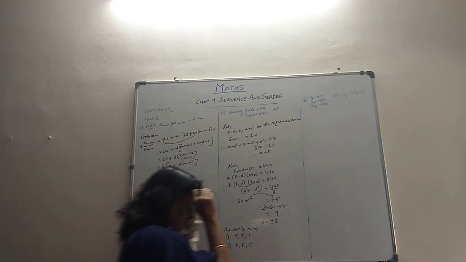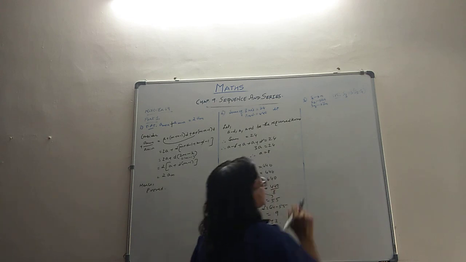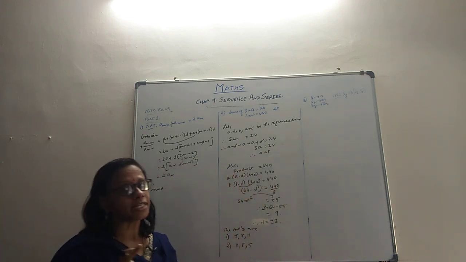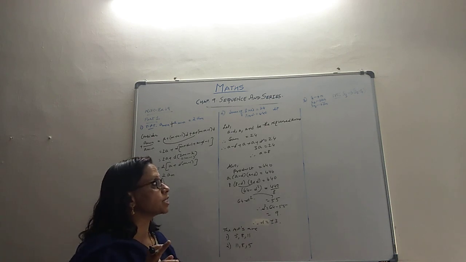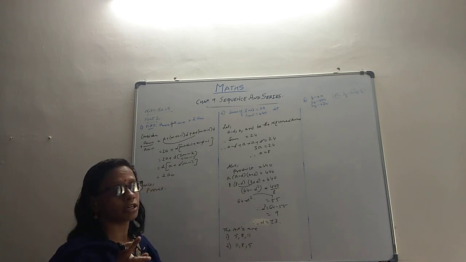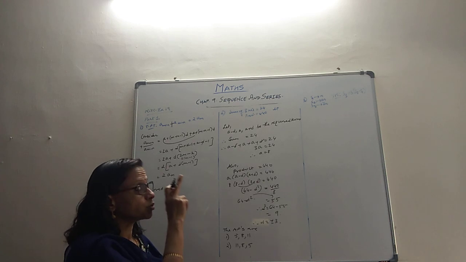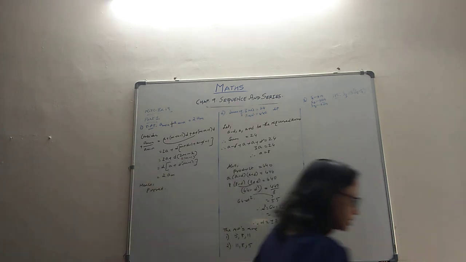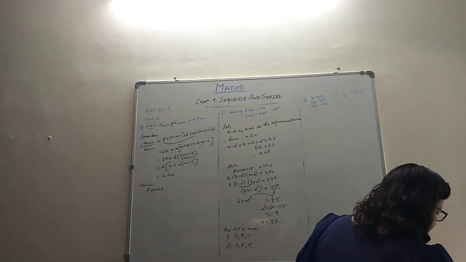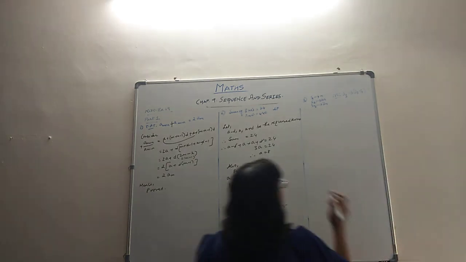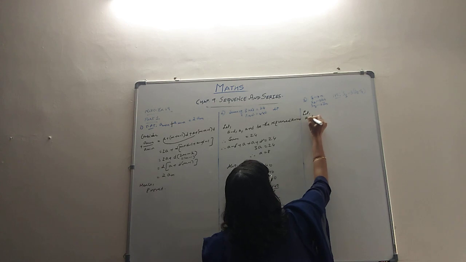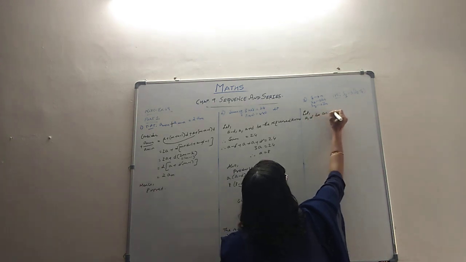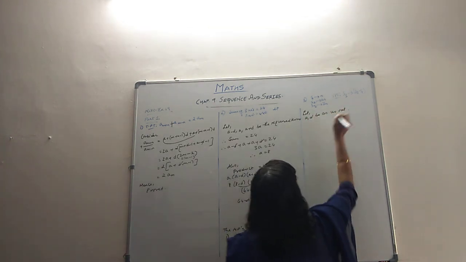Now we can quickly come to this third problem, where they say that the sum of the first n terms is called S1, the sum of the first 2n terms is called S2, and the sum of the first 3n terms is called S3. If that is the case, you have to show the relation. I just checked the relation, it's correct: S3 is 3 times S2 minus S1. Now here, let a and d represent as usual.